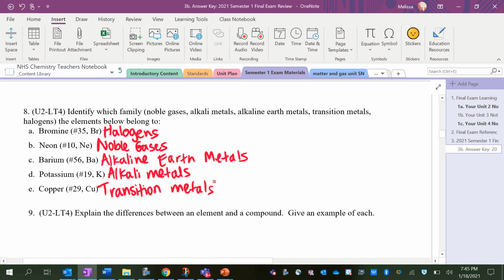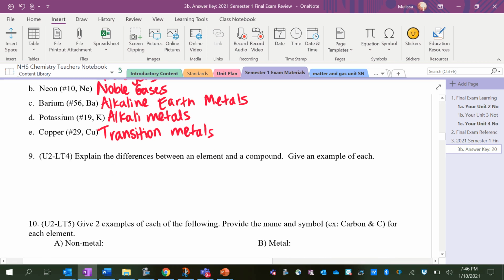Explain the difference between an element and a compound and give an example of each. So an element is one type of atom. So for example, a copper penny, that's pure copper.